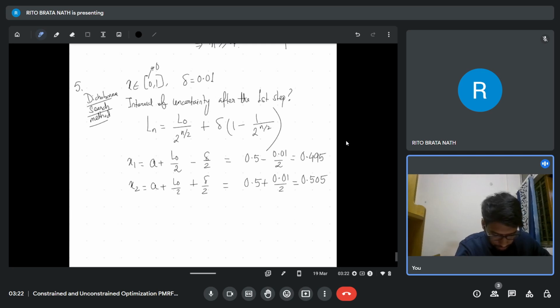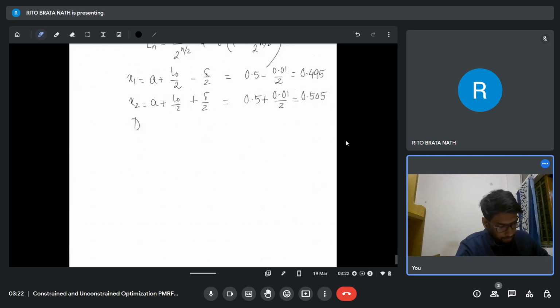But actually, the interval of uncertainty depends on the function expression, so it's the same as the region elimination technique.